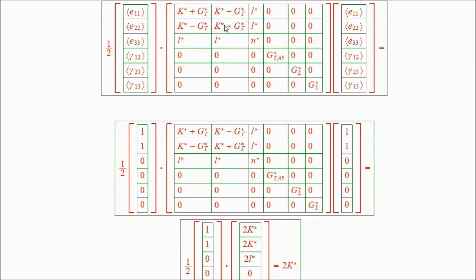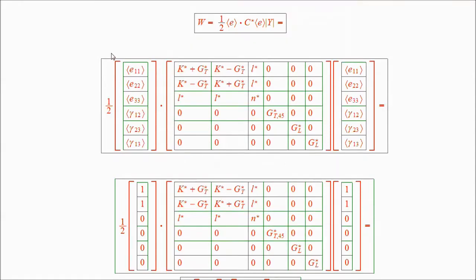Well, multiplying the effective stiffness matrix by this vector would give us a vector which is 0, 0, 0, 0, 0, and G_L star, and multiplying this with the same average strain vector, and with 1/2, we would obtain that the energy is equal to 1/2 times G_L star. So then we find G_L star by taking twice the energy.